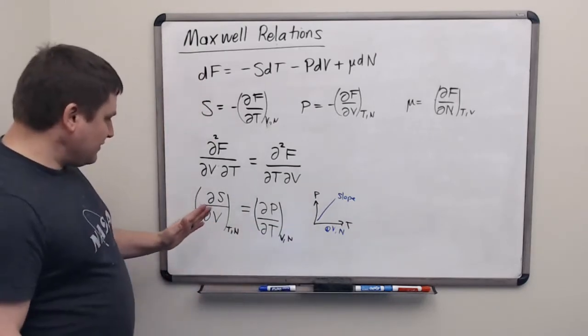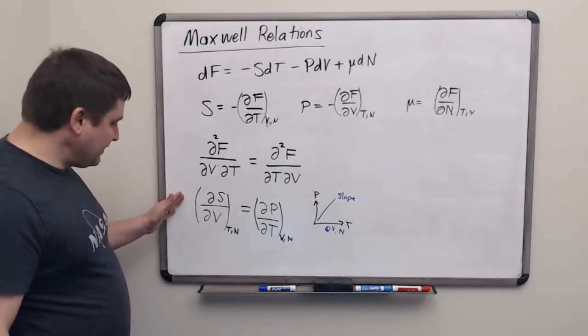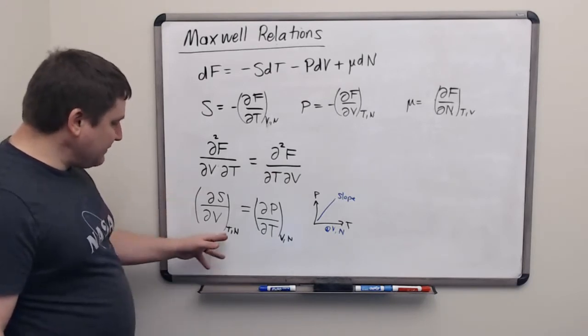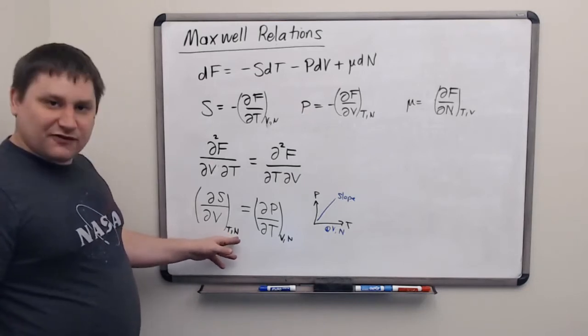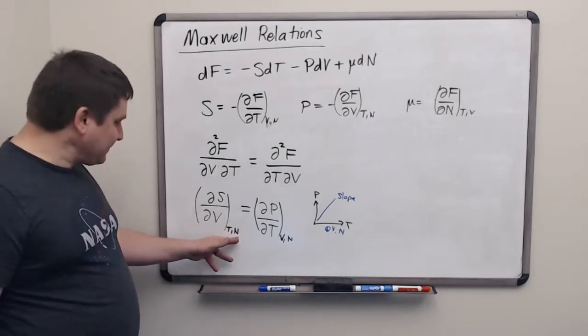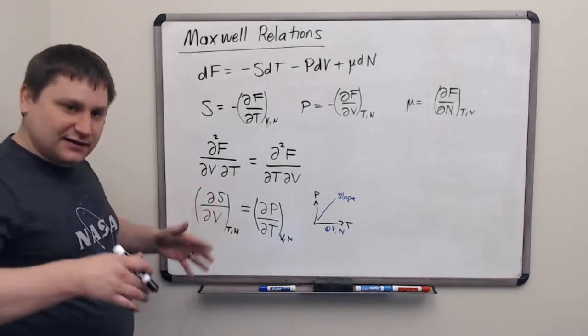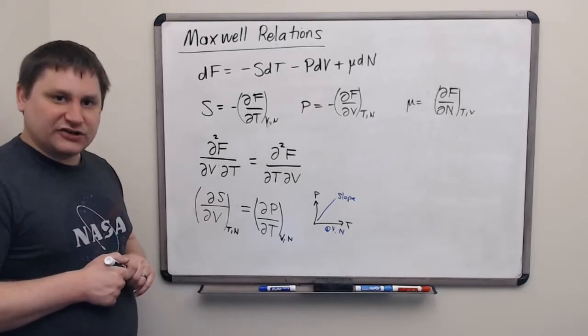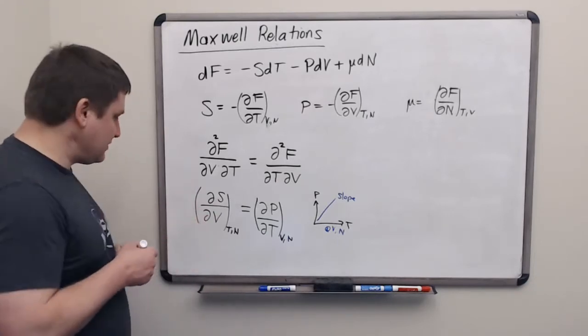But on the left-hand side, we have totally different variables. Here we're talking about an experiment where we keep temperature constant by allowing heat to flow in or out. We keep the number of particles constant by keeping it sealed. We expand or contract the system, maybe in a piston, and we watch how its entropy changes, how heat flows in or out.